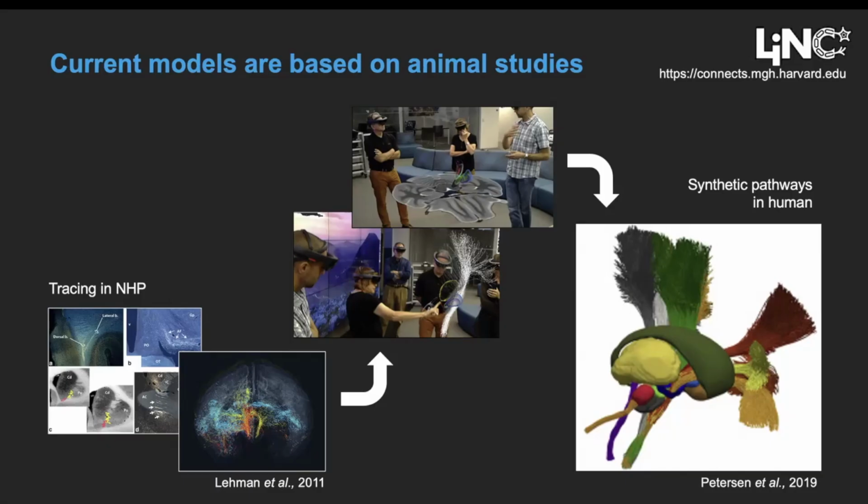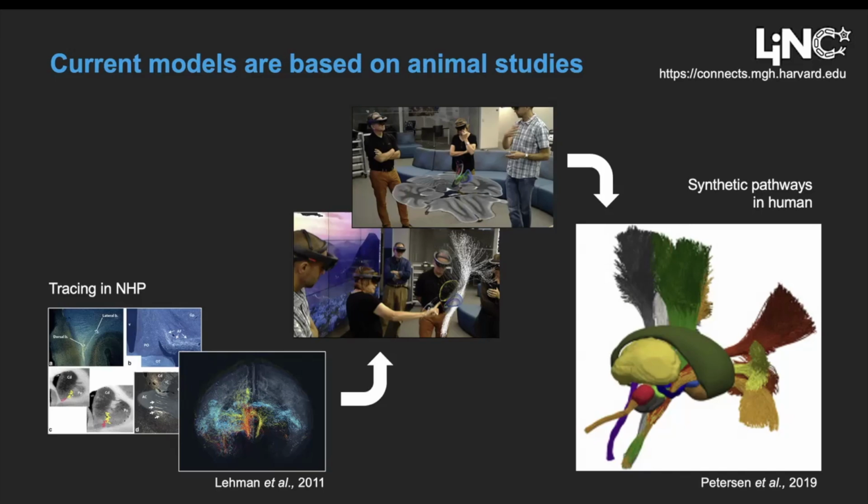So of course, there have been lots of advances with artificial intelligence and machine learning, and those techniques need to learn from something. Unlike the situation where we can download 1,000 images of cats and 1,000 images of dogs from a Google search and train a model that can separate the two, with these kinds of things, we don't have 1,000 examples of correct fiber pathways in the brain, or even fewer than those.